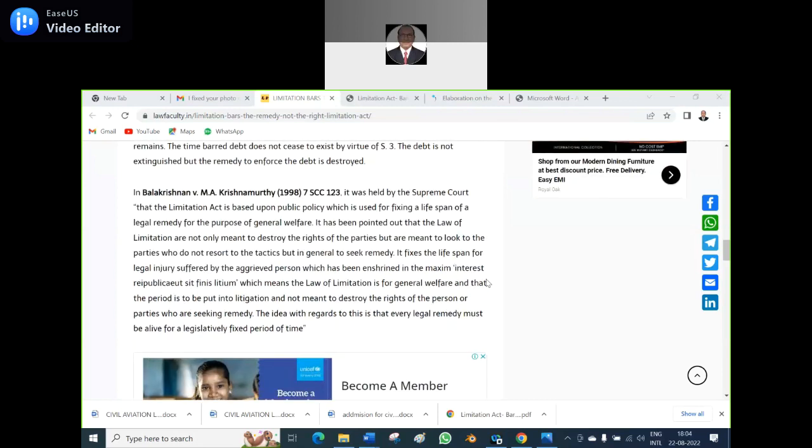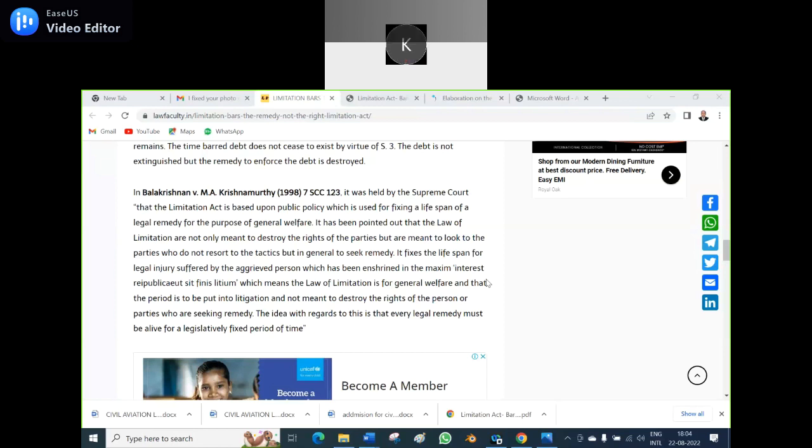Or can you cite the Balakrishnan case? Yes, sir, it is the same case, I think. In Balakrishnan versus M.A. Krishnamurthy, 1998, 7 SCC 123, it was held by the Supreme Court that the Limitation Act is based upon public policy, which is used for fixing a lifespan of a legal remedy for the purpose of general welfare.